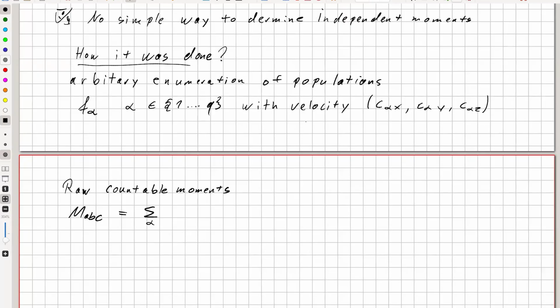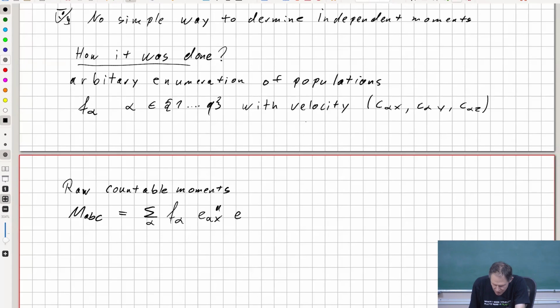So now you can compute the moment M_abc as the sum over alpha of all the populations times these velocities.